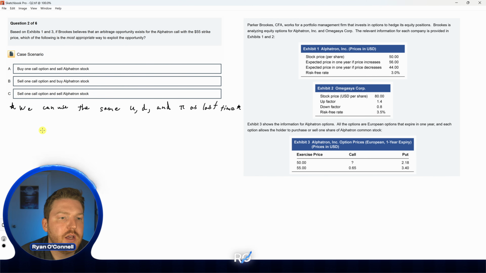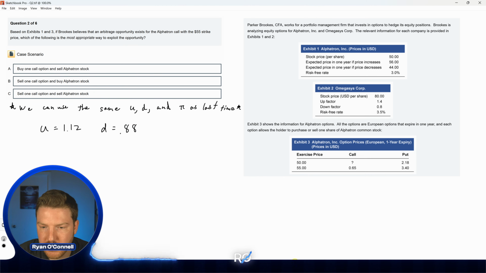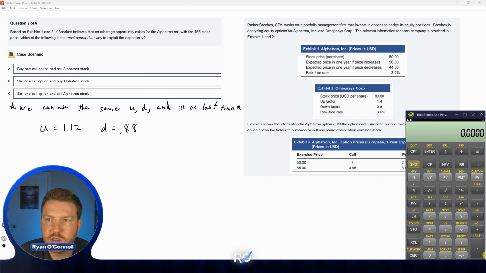I'm going to use my memory, which I believe the up factor was 1.12 and the down factor was 0.88. Let me just really quickly make sure that I didn't screw that up. 56 divided by 50. Okay, and then 44 divided by 50 is going to be perfect, 0.88.